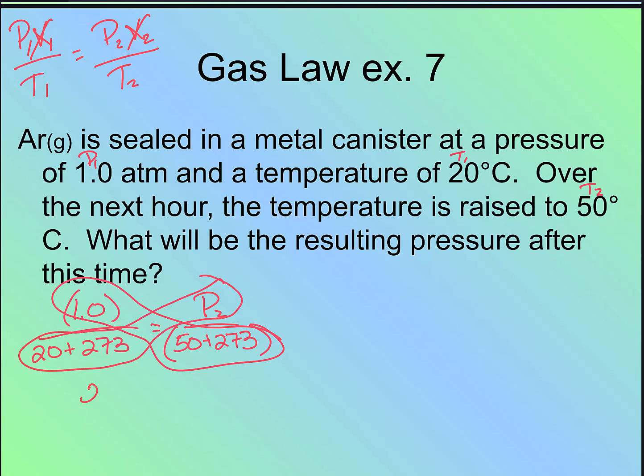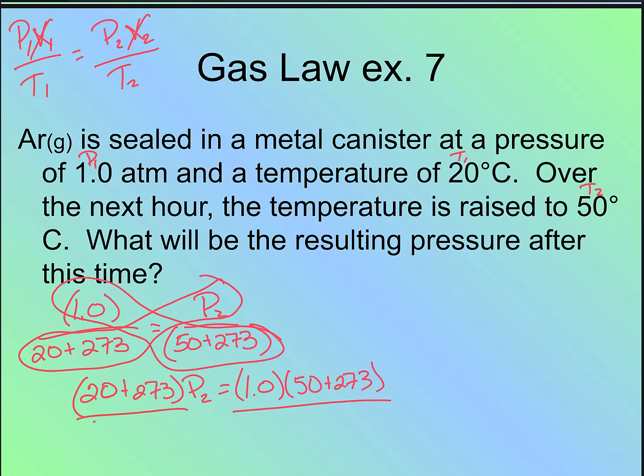So you're going to have 20 plus 273 times P2 equals 1 times 50 plus 273. Divide both sides by the thing connected to the variable, which is 20 plus 273. I keep wanting to write 21. And my P2 will come out to be, I don't know, let's plug it into the calculator.